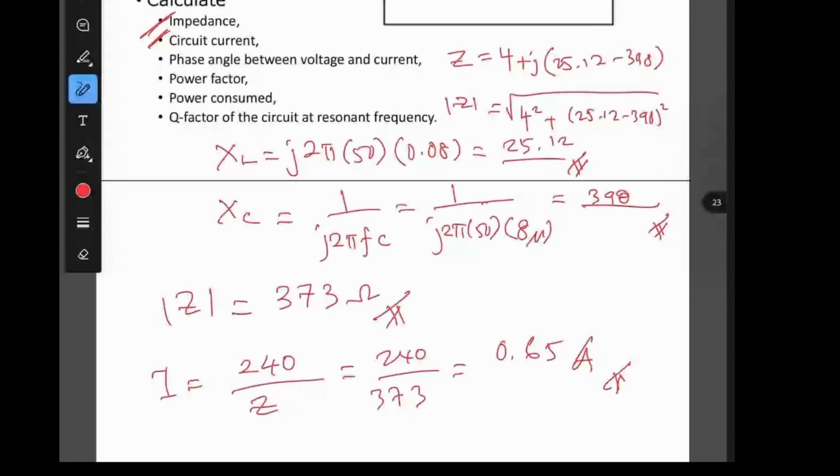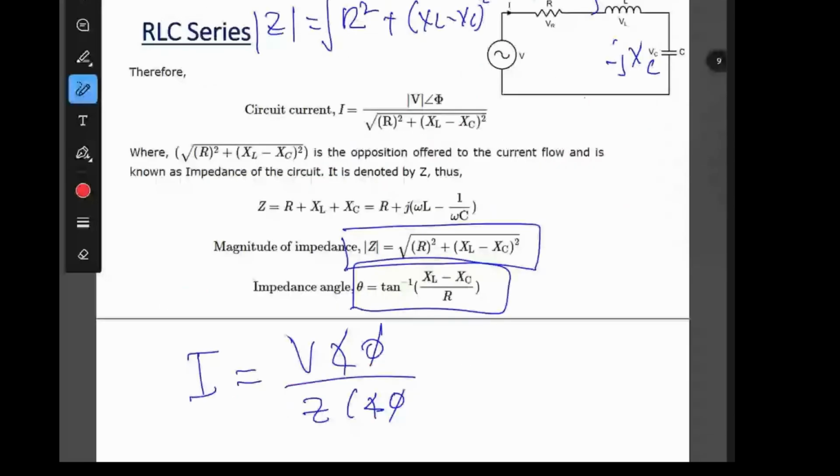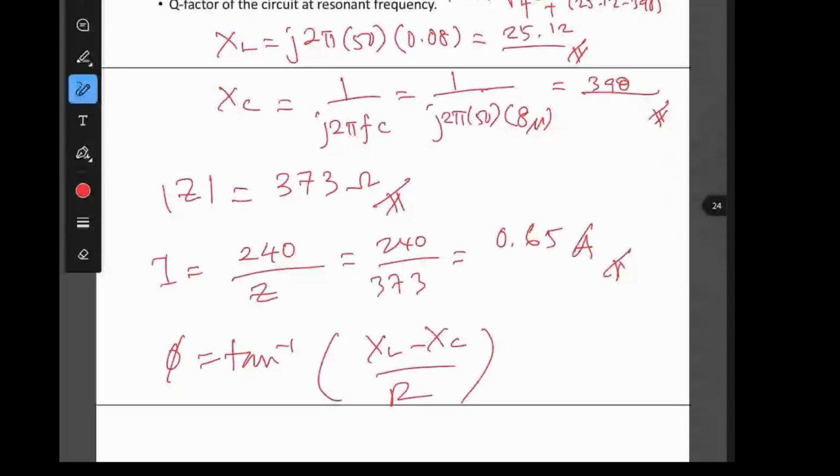Okay. Phase angle between voltage and current. Phase angle is equal to tangent inverse of XL minus XC over R. Okay, XL minus XC is this value.